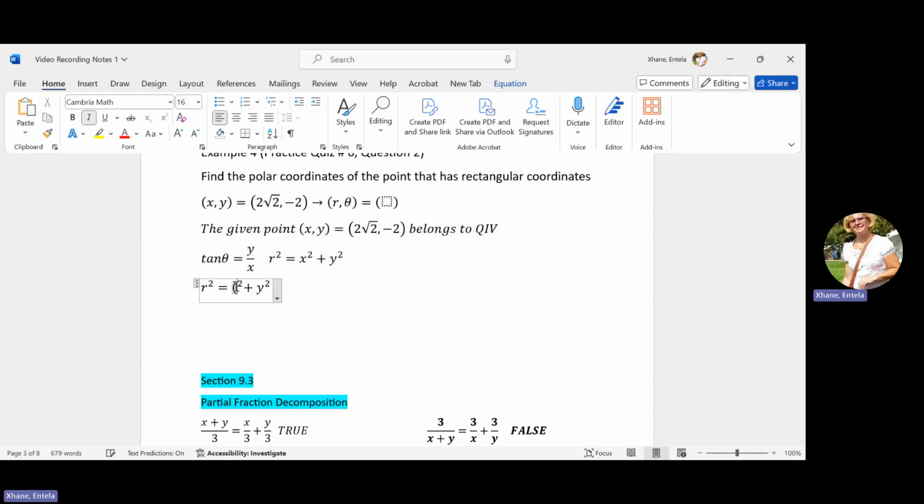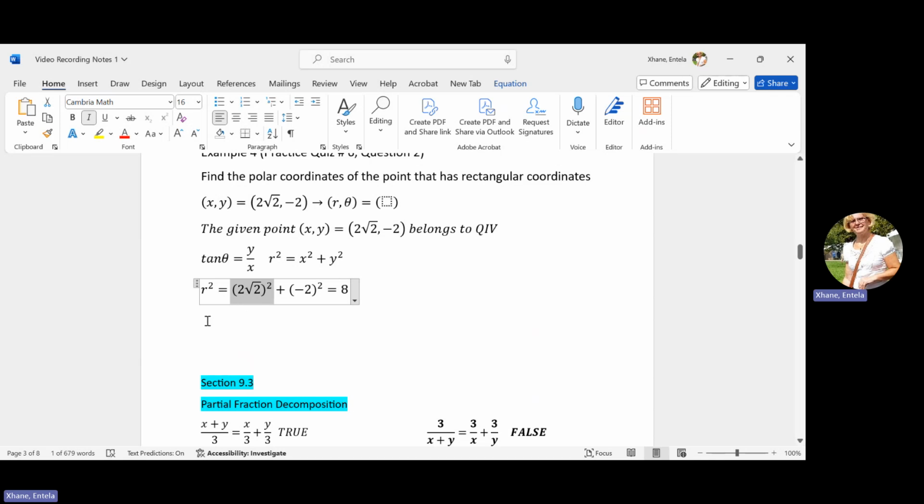I'm going to ask you to refer to the previous one, the way I squared this number. And this is the other one, which is a negative 2. Now, when we square 2 square root of 2, that means 2 times 2 is going to be 4, and then square root of 2 multiplied by itself is the square root of 4. Square root of 4 is 2, and 2 times 4 is 8.